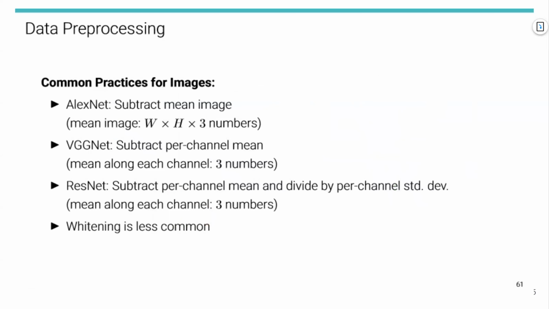And common practices for images are like this. AlexNet came out in 2012, and it applied this technique, subtracting the mean image. This mean image is calculated from the training data.